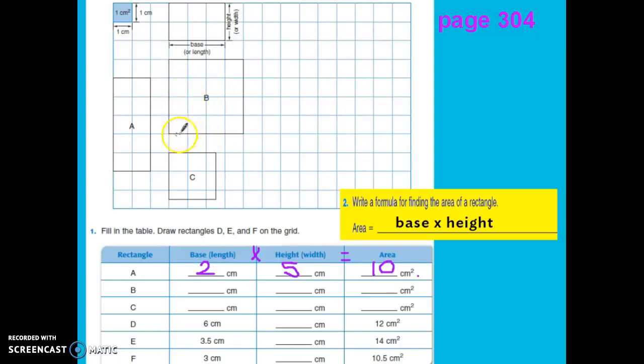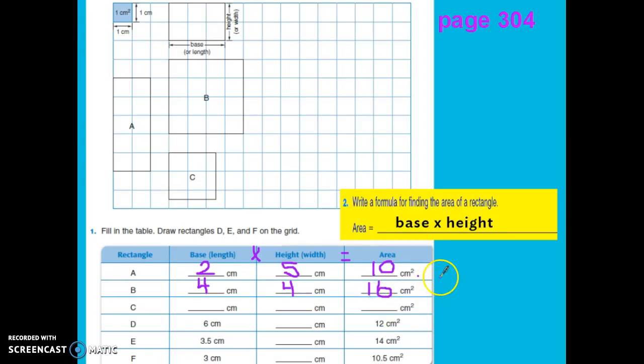Letter B, here we go. The base is 1, 2, 3, 4 centimeters long. The height is 1, 2, 3, 4 centimeters high. And if I multiply, 4 times 4 is 16.